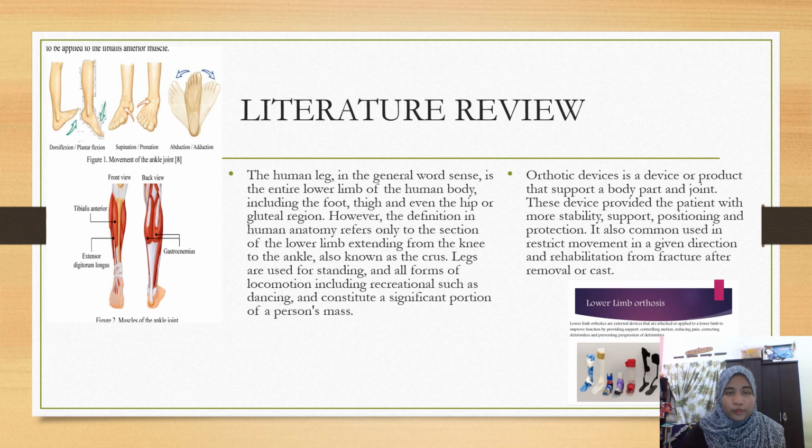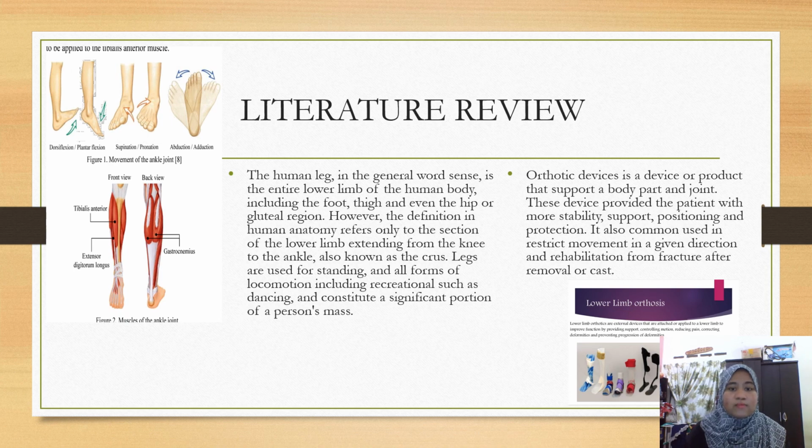Before I do my product, I do some research about my title. So based on my research, I studied the human leg. The human leg in the general word sense is the entire lower limb of the human body, including the foot, thigh, and even the hip or gluteal region.